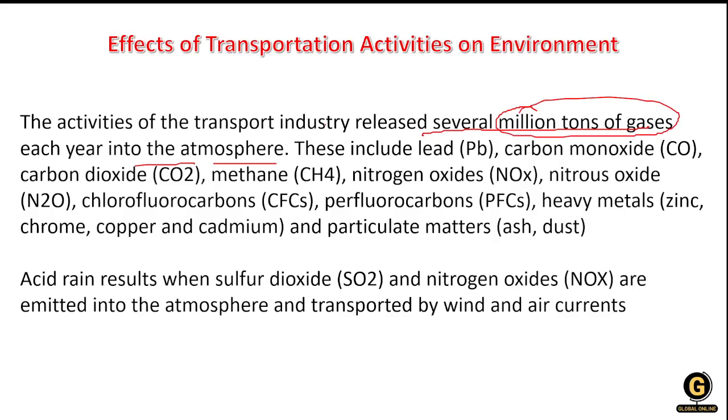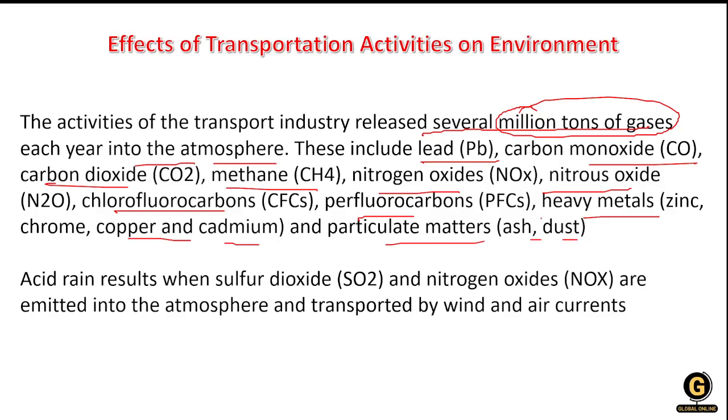Just imagine how harmful it is. This includes lead, carbon monoxide, carbon dioxide, methane, nitrogen oxide, nitrous oxide, chlorofluorocarbons, perfluorocarbons, right? Heavy metals like zinc, chrome, copper, cadmium, and particulate matter, ash and dust.